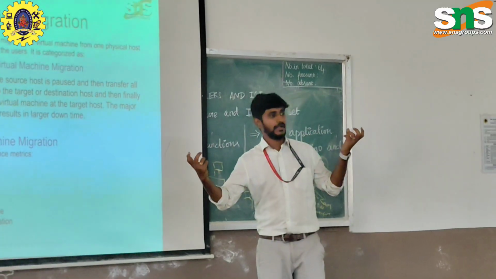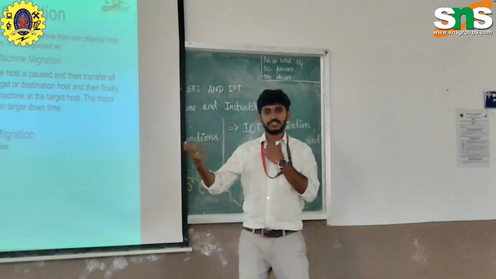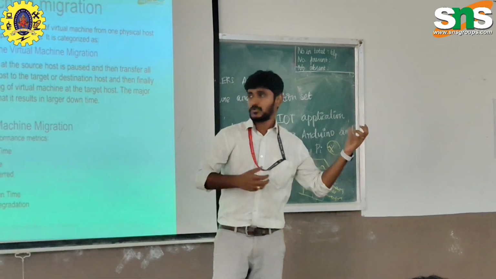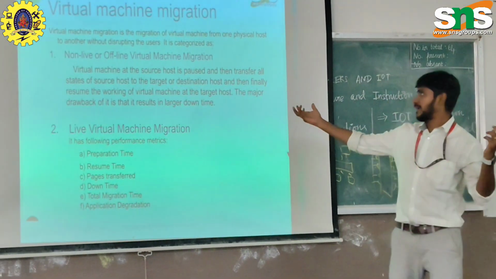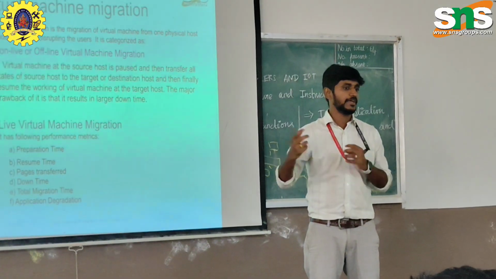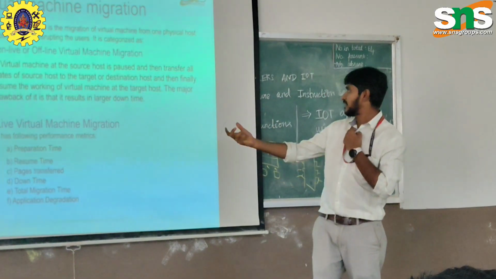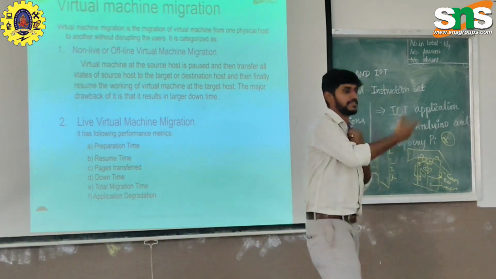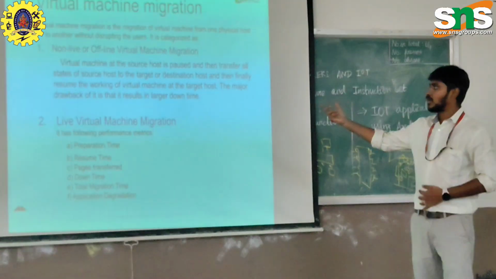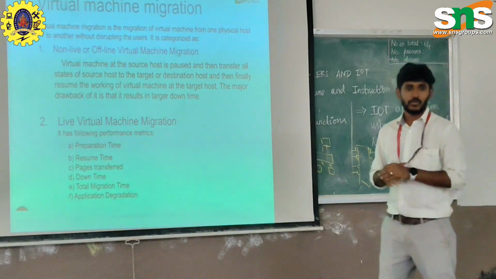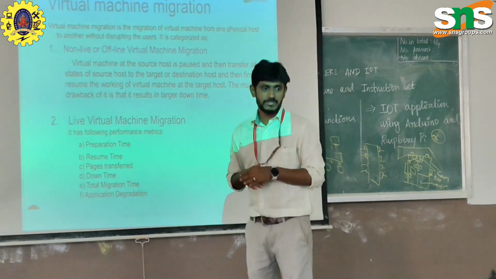Whatever the file or usage is in the source will be transferred to the destination. Here, non-live or offline virtual machine migration plays an important role. It will transfer whatever files or the state of the source to the destination in offline mode. That is the first major type we are going to see in virtual machine migration.